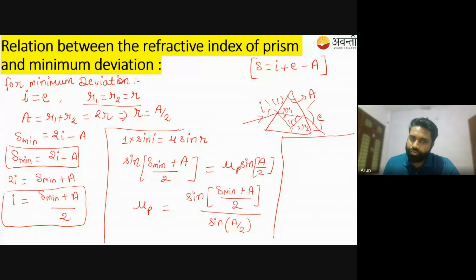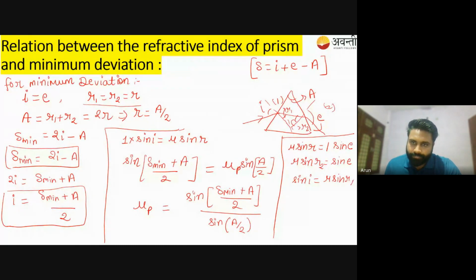You will get sin I is equal to mu sin R. If you apply Snell's law on the second boundary, you will have mu sin R is equal to 1 sin E, because the refracting angle here is E. So it is mu sin R2 equals sin E, and the first boundary gives you sin I equals mu sin R1.